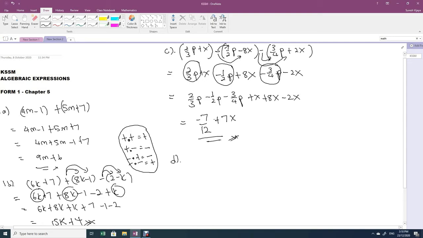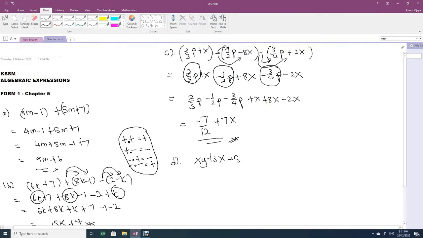Question 1d. We have xy plus 3x minus 5, and we put in the bracket plus 5xy minus 2x minus 7.